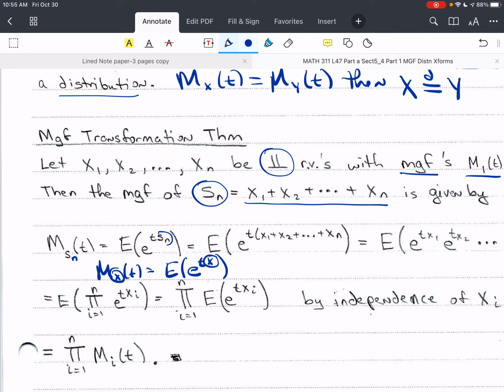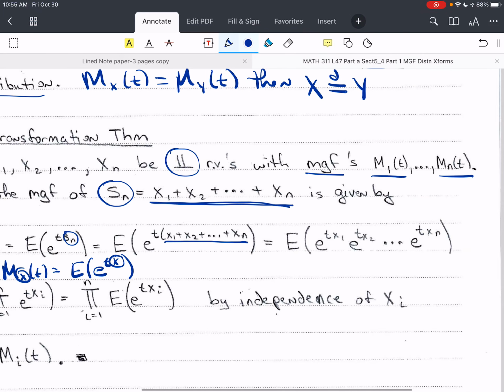So I'm substituting in S sub n, and now I'm going to substitute in what S sub n equals, which is X1 plus X2 all the way up to Xn. Now, the next step, which I have omitted here, is that I'm going to distribute t across the X's, and we can all see that we can do that.